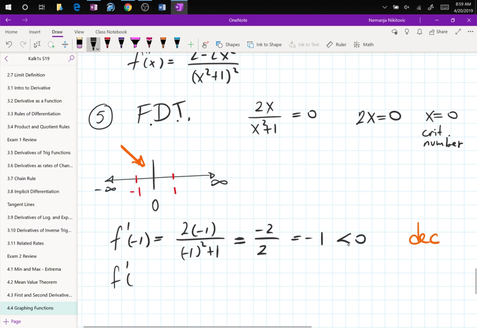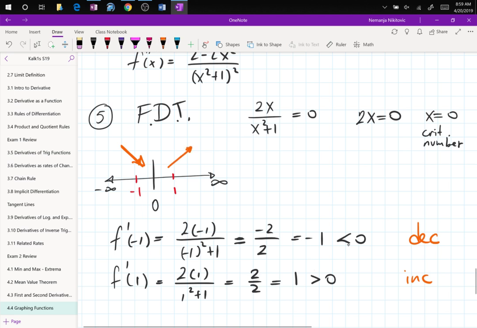Then we compute the first derivative at 1, which is the other test point, which will be 2 divided by 2. Now, as I said earlier, we actually don't care about what this value exactly is. We just want to know if it's positive or negative, right? So this one is positive. So now we have an increase, and it goes up.